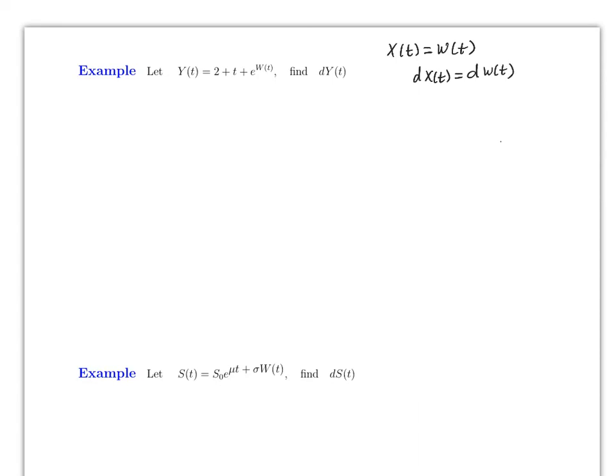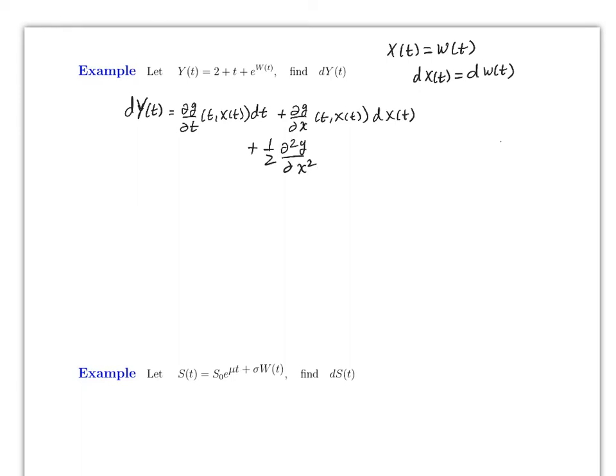Okay. Now let me write the formula again. Remember, Ito's formula says the following: that dy dt is going to be equal to the partial of g with respect to t of t, xt dt, plus the partial of g with respect to x dxt, and then finally plus 1/2 the partial of g with respect to x, and then this will be t, xt, the whole thing dxt squared.